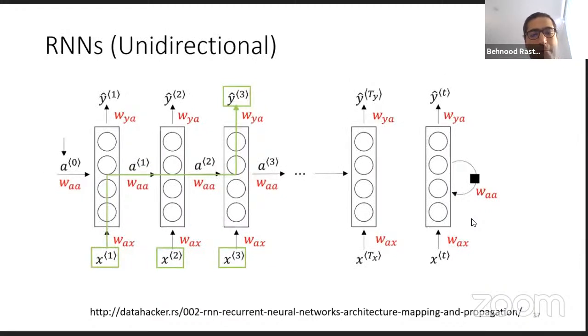But there's one problem with this type of network, and I would like to ask the audience, what's the problem with unidirectional RNNs? If anyone knows the answer, just a few seconds. Somebody wants to type? What's the problem with this type of sequential architecture?